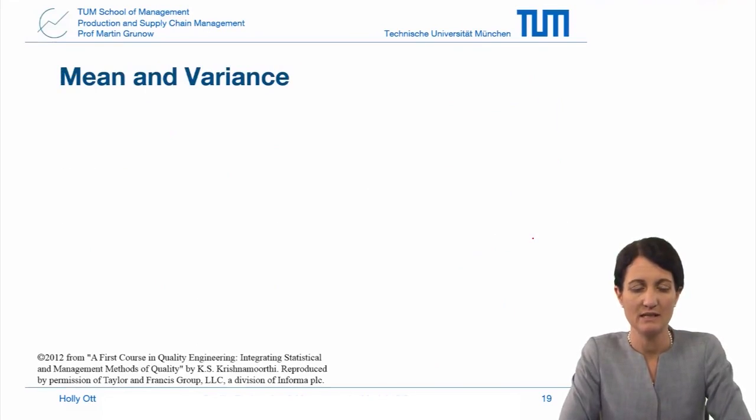So the last topic here is the mean and the variance. Now, a probability distribution function, so the PMF or the PDF, chosen appropriately for a random variable, will completely describe the behavior of the random variable. It will give the probabilities that our random variable is equal to a certain value for all possible values of the random variable.